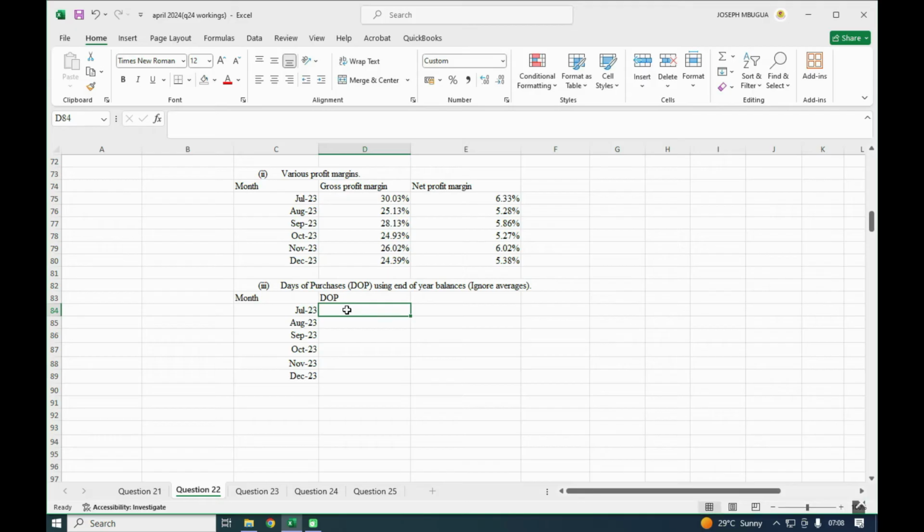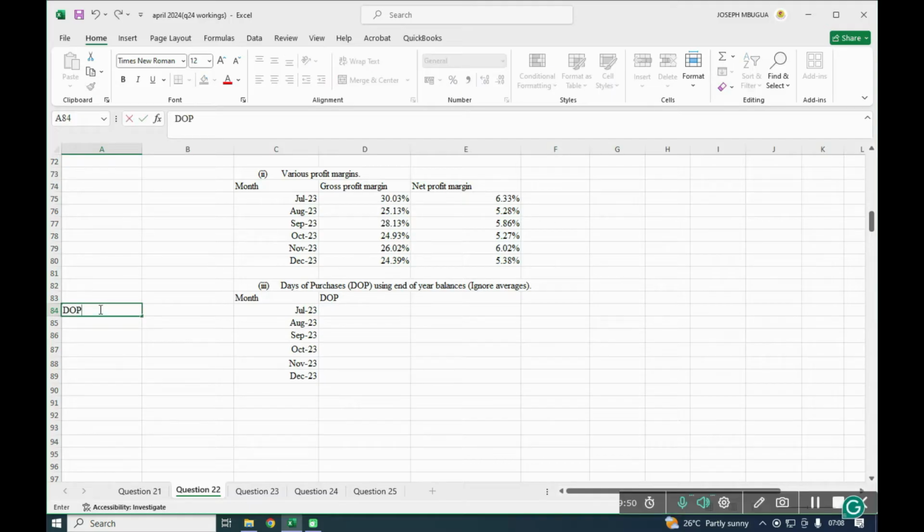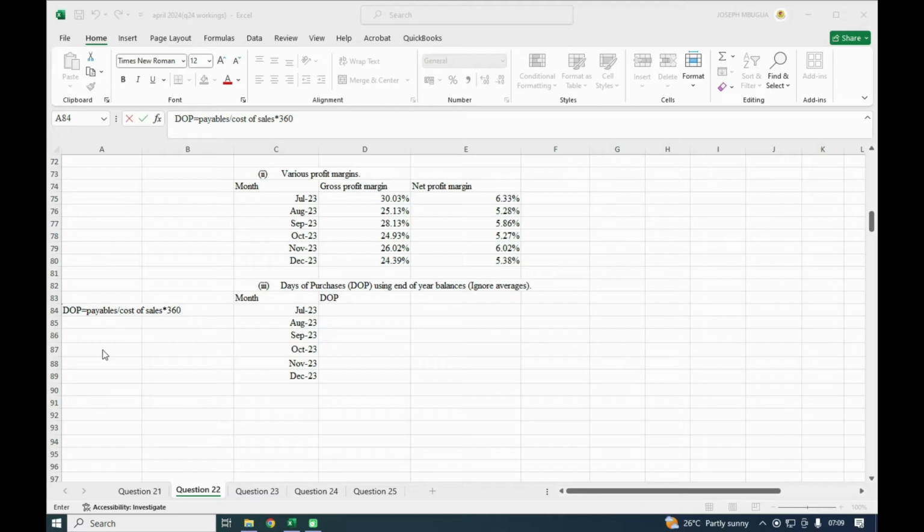And when we talk about the days of purchase, we take the payables. DOP is equals to payables over cost of sales, and you multiply by the what? We assume there is 360 days.